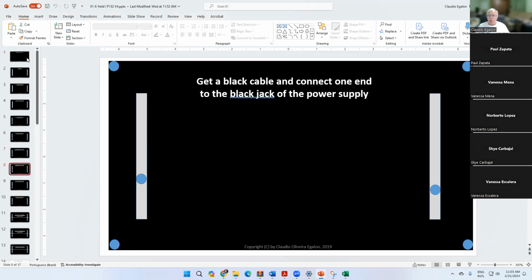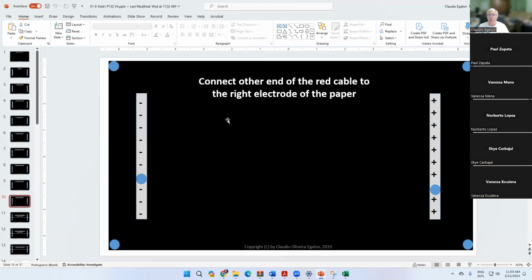Get the black cable and connect one end to the black jack of the power supply and the other end to the left electrode of the paper. Now the electrode is negatively charged. Then you repeat for the right electrode, but you do that with the red cable and red jack of the power supply, and now it is positively charged.